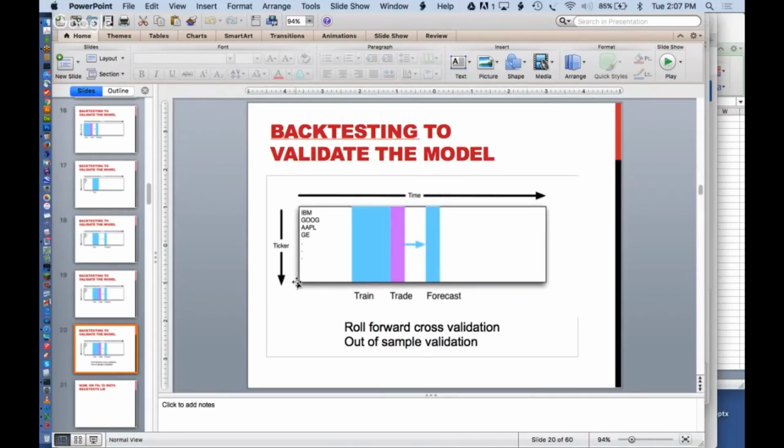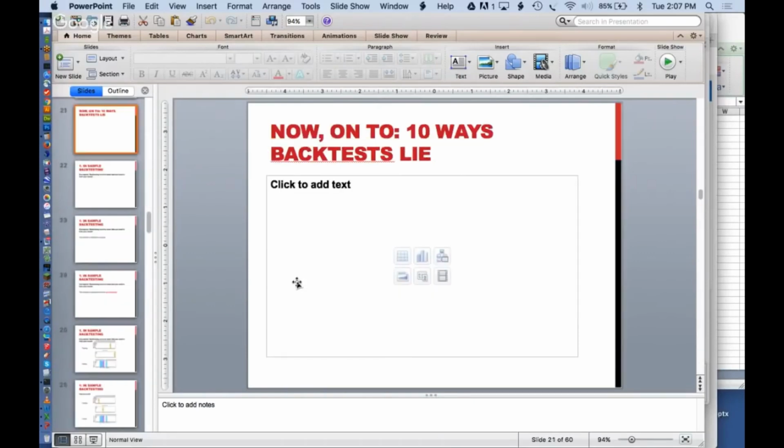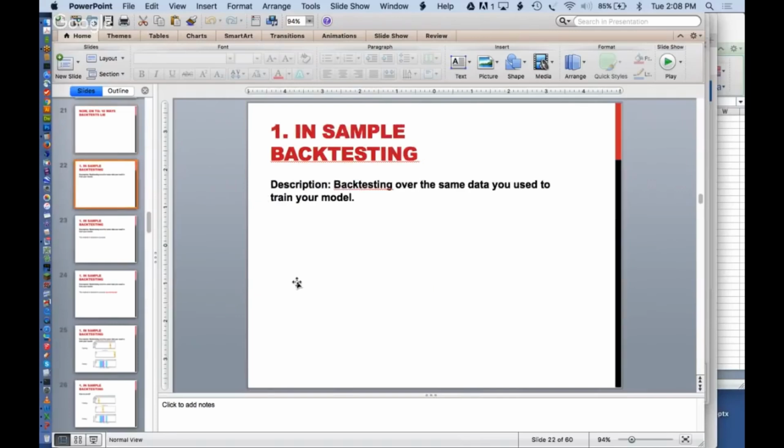But if you ask a few simple questions, you usually discover that there's something wrong there. These are the questions you should ask yourself as you build these strategies. I think the 10th way backtests lie is that there's only 9 ways or something like that.